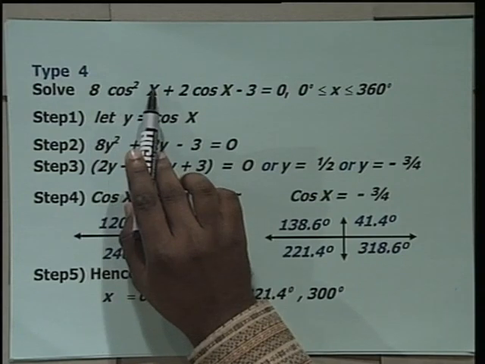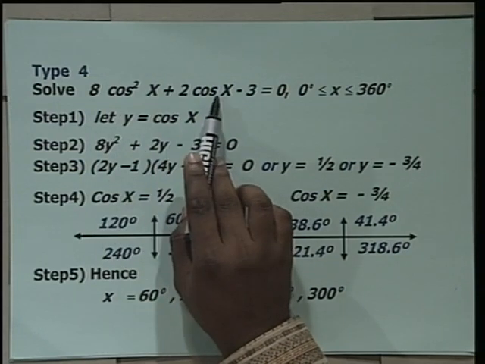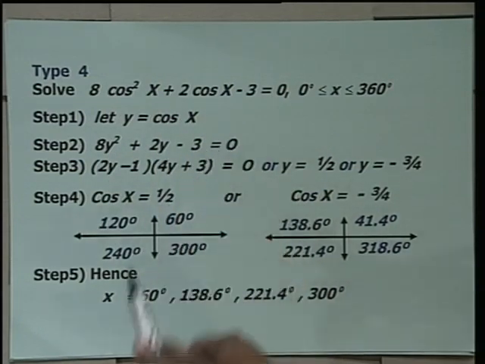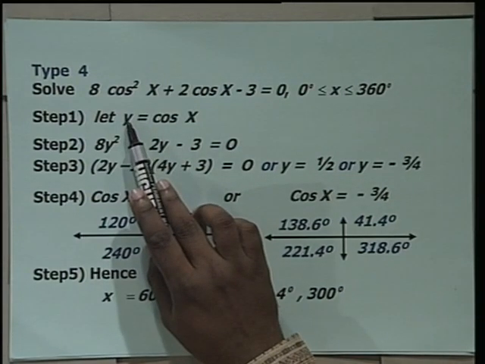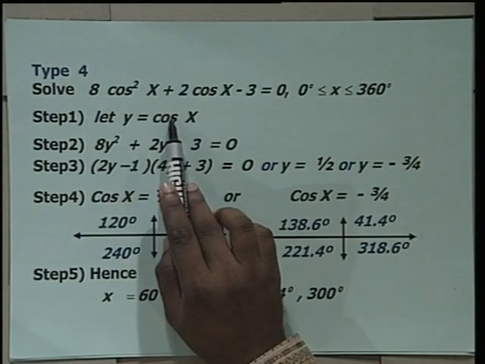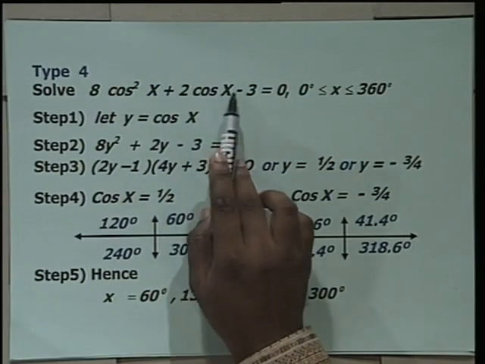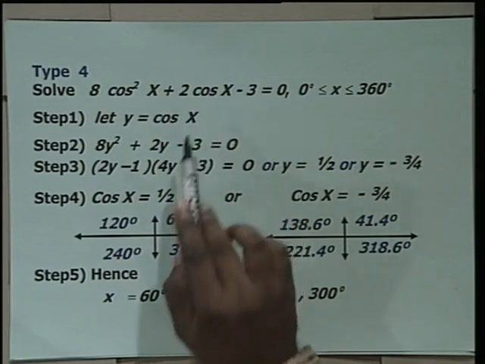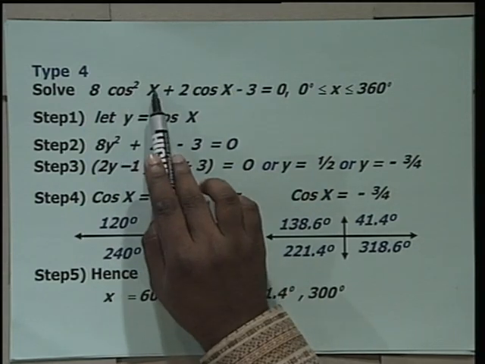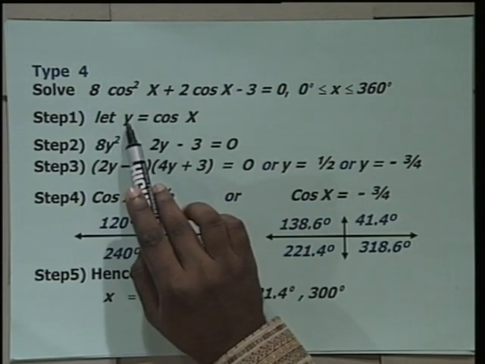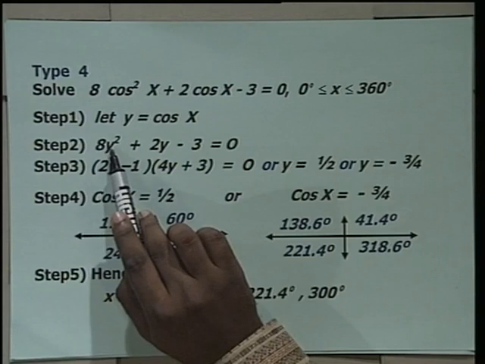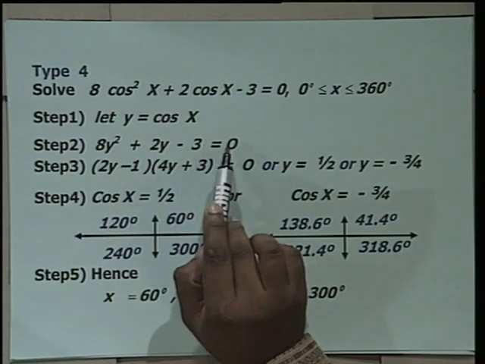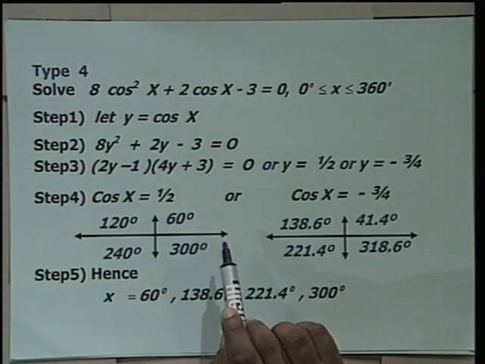So we'll have 8y squared plus 2y minus 3 equal to 0. I repeat: we started by saying let y is equal to cos x. Wherever there was cos x, we replace it by y, and cos squared x must be replaced by y squared. So we have 8y squared plus 2y minus 3 equal to 0.